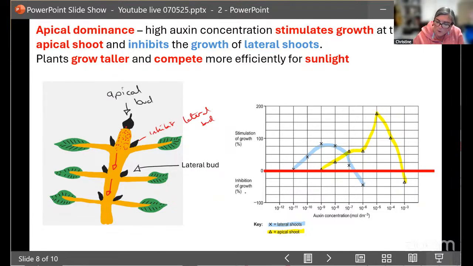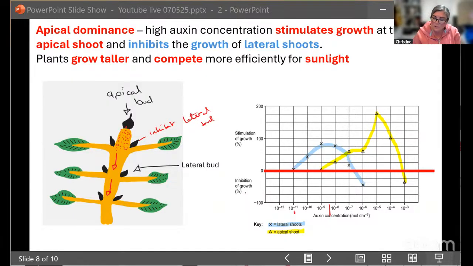So anything from this point to this point here, probably in between here, we have got a stimulation of the lateral shoot. So when the concentration of auxin is low enough, then there is a stimulation of growth in the lateral shoots.